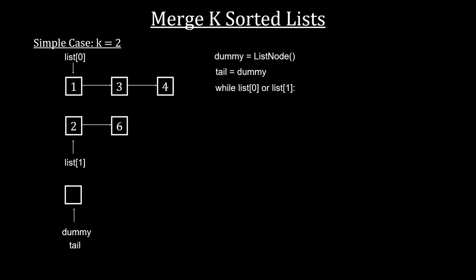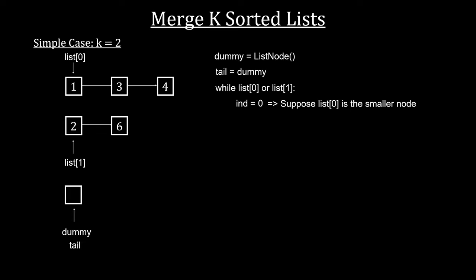As long as we haven't visited all the nodes in both linked lists, so as long as list 0 is not null or list 1 is not null, we have to see which one of these 2 nodes is the smallest and push it into the answer. We will use a variable for this, index, which is initially 0. So we basically suppose that list 0 is the smaller node.